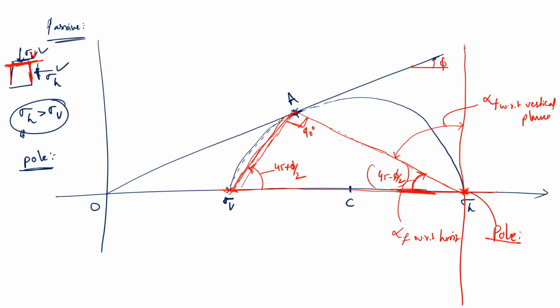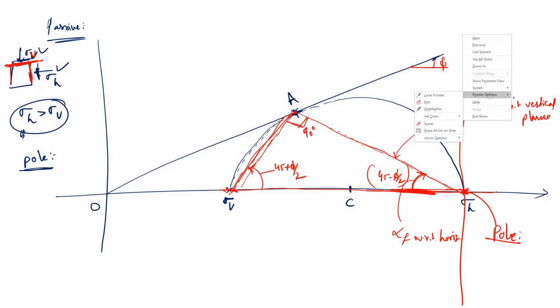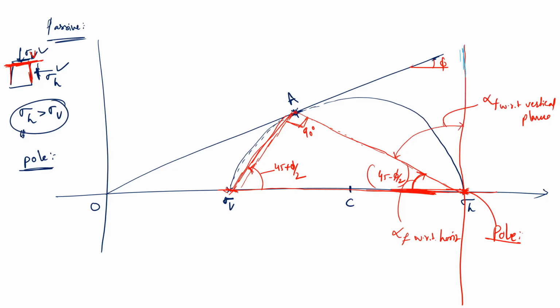So if this is the vertical line and this is the horizontal line, this failure plane is making 45 minus phi by 2 with the horizontal. So then with the vertical it should be 45 plus phi by 2, because it is 90 minus this much.